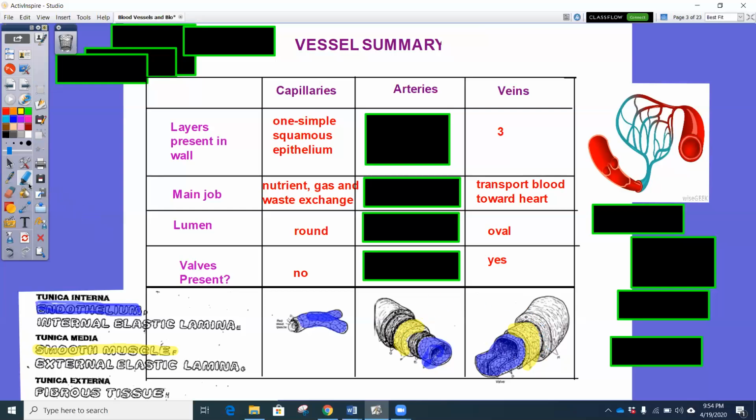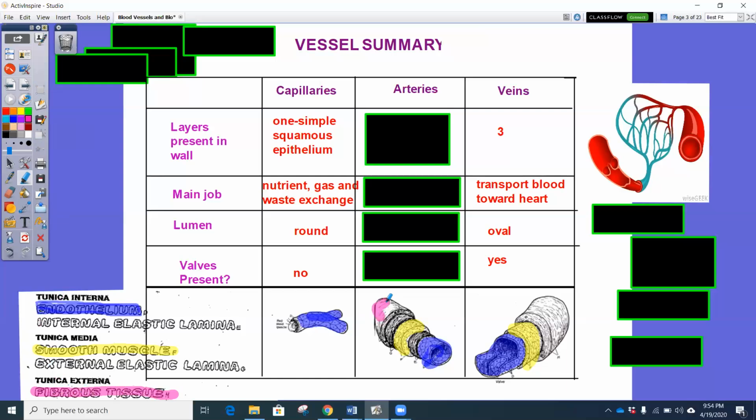And then to keep the vessels where they are, to keep the veins and arteries situated in your body, there is some fibrous connective tissue on the outside. It's protective. It helps prevent a lot of damage to that vessel wall. And so the fibrous connective tissue, again, is the outermost layer of the blood vessel.